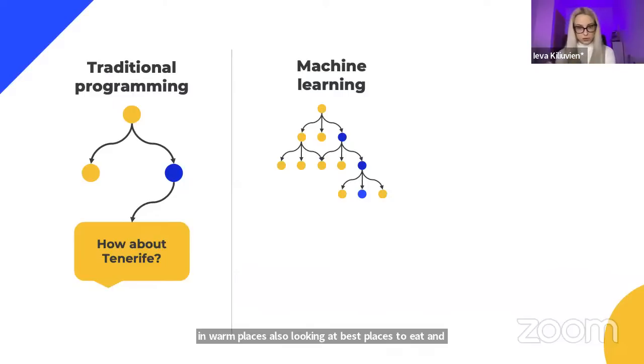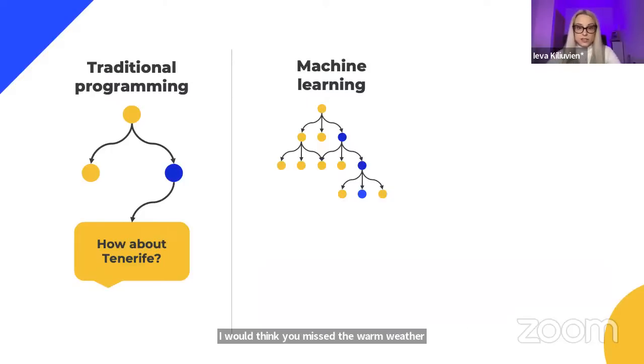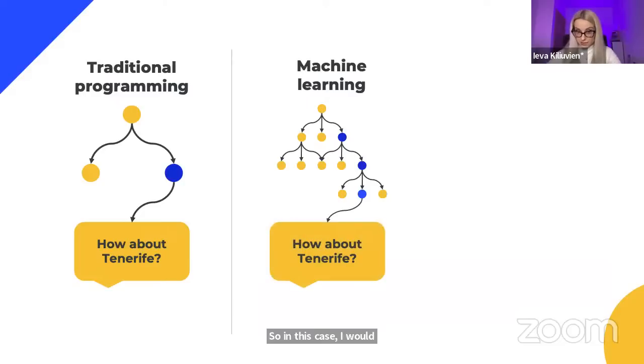Also, in the past 2 weeks, you spent a lot of time in online stores, choosing dresses or swimsuits, yeah? And seeing your recent activities, I would think you miss the warm weather. So in this case, I would suggest a trip to Tenerife. However, this would still be just a guess, but this time based on your online activity, yeah?